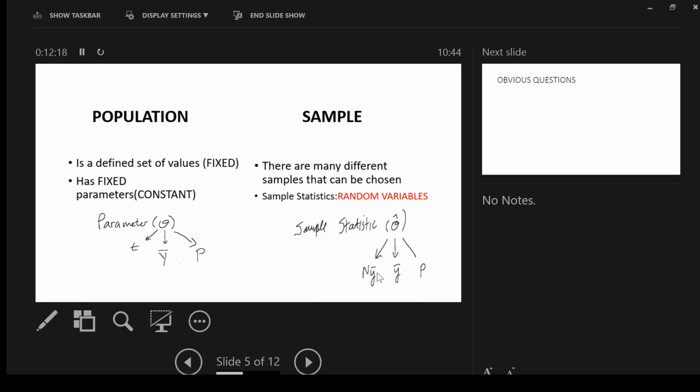So the sample mean estimates the population mean, and you can get the total estimated by N times the sample mean. We did speak about that. And similarly, the proportion in the sample belonging to a particular category, that little p there, estimates this big P. But the important thing is each of these are random variables, and each of these are constants.